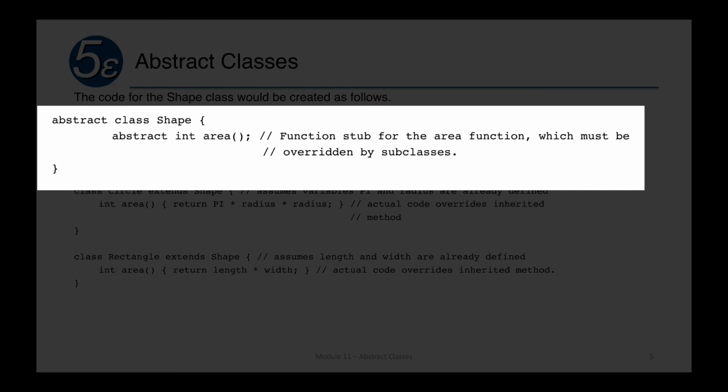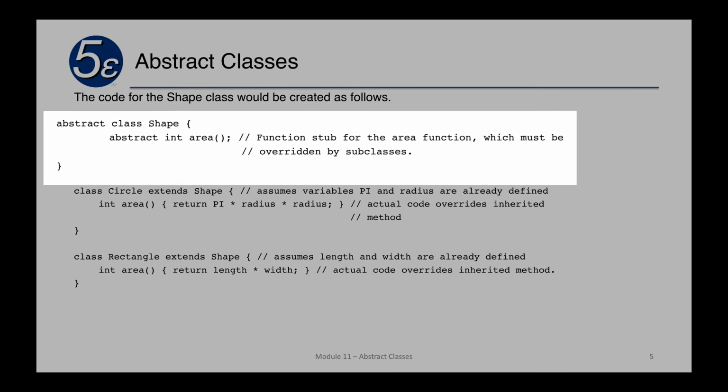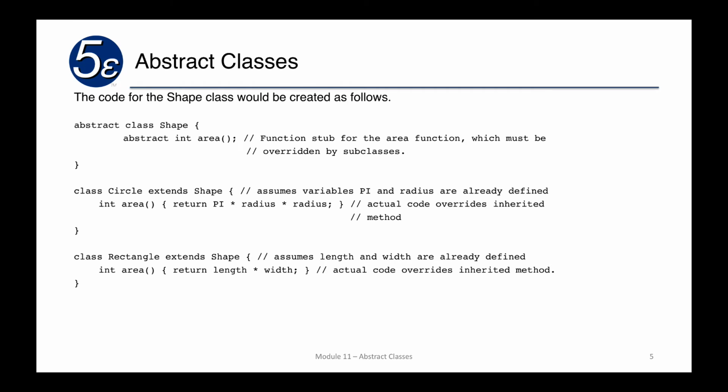So shape has this method called area, which we have not defined what it does. But any of the classes that subclass it, or that inherit from shape, must provide an area method. That provides for uniformity and consistency, because we would like all of our rectangle, triangle, and circle classes to have an area method.